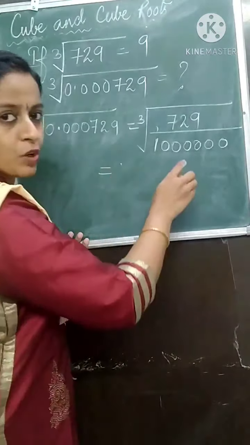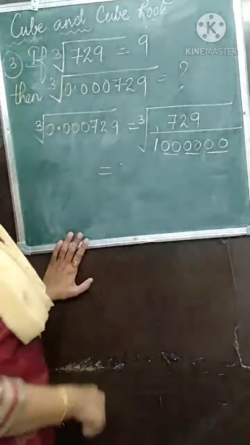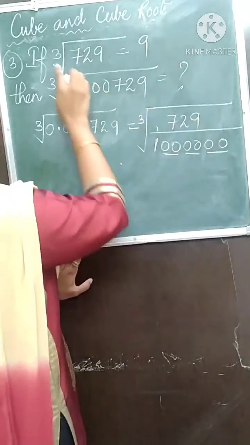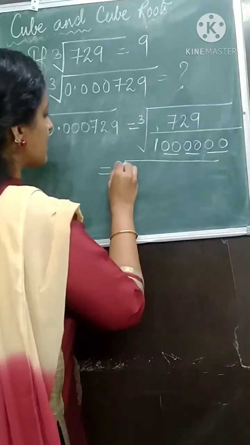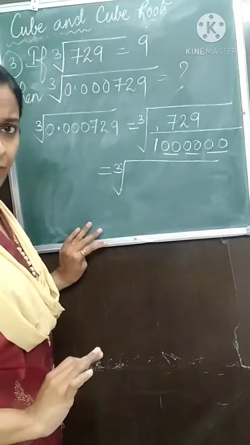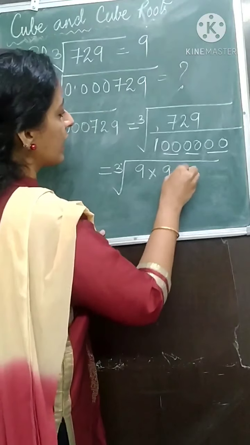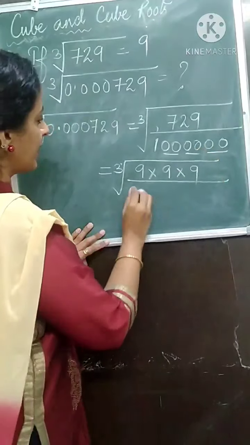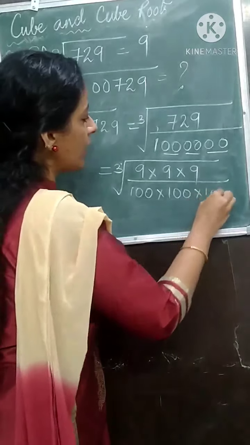Now just tell me, cube root of 10 lakh, you can divide it into 2 zeros each. What is the cube root of 729? Cube root of 729 is 9. So I can write it as, cube root sign as it is, 729 can be written as 9 into 9 into 9 upon 100 into 100 into 100.